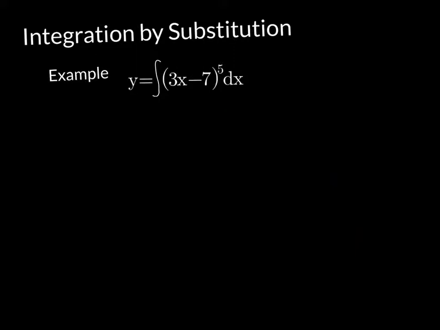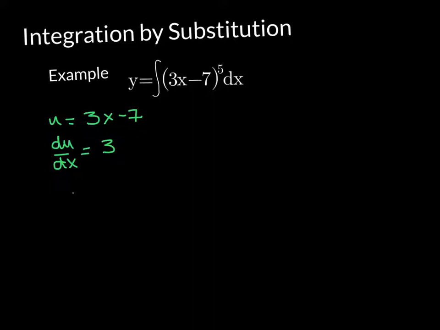Before we finish up, let's take a look at one more example of integration by substitution. Here we have y being equal to the integral of 3x minus 7 to the power of 5. Again, we're going to let u equal the internal function, the thing inside the bracket, which is 3x minus 7. If we differentiate u with respect to x to get du by dx, that's just going to be equal to 3.